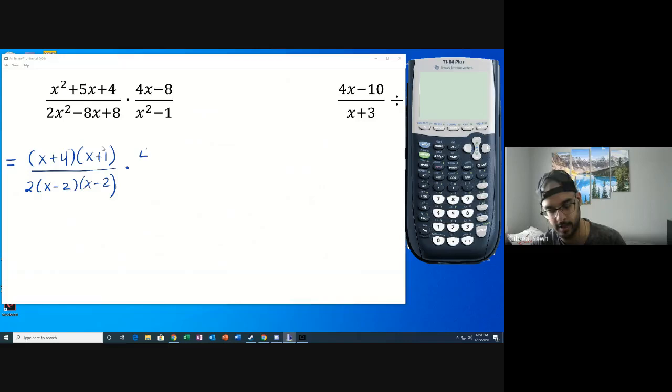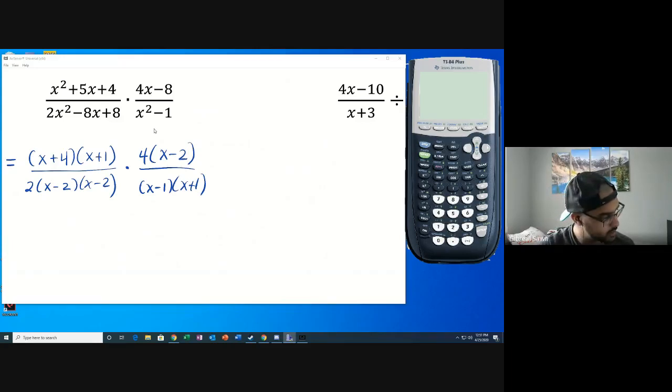Second fraction, factor out a 4 from the top, you get x minus 2. And the bottom part here, the second denominator is a difference of squares, so x minus 1, x plus 1. Just double check, make sure I got the signs right. I did.